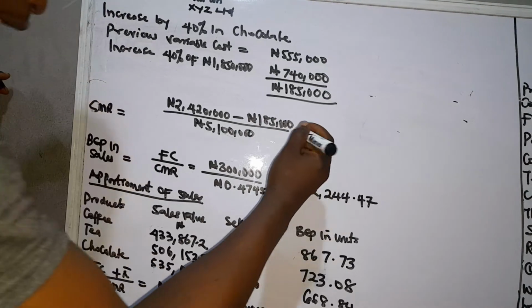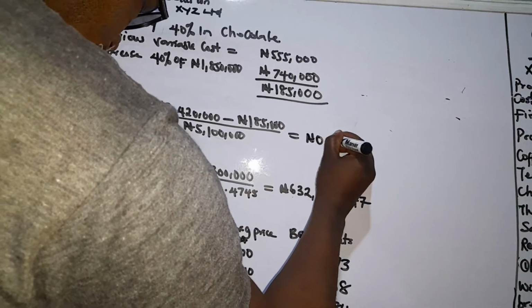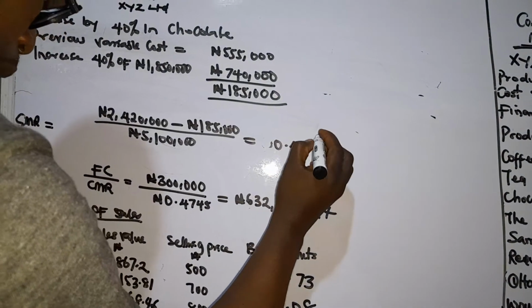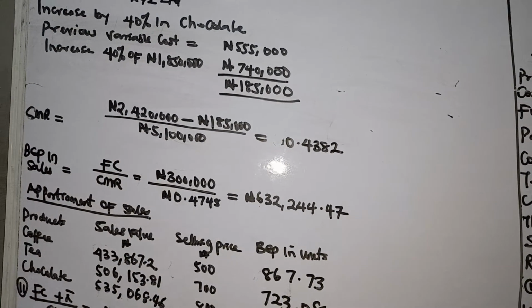So our new CMR will now be 0.4382. So this will give us our new CMR.